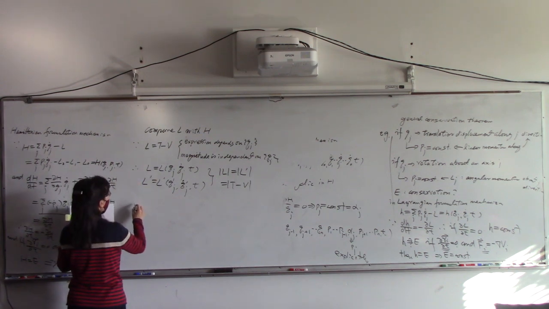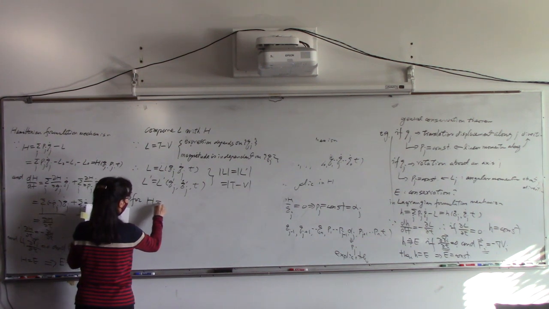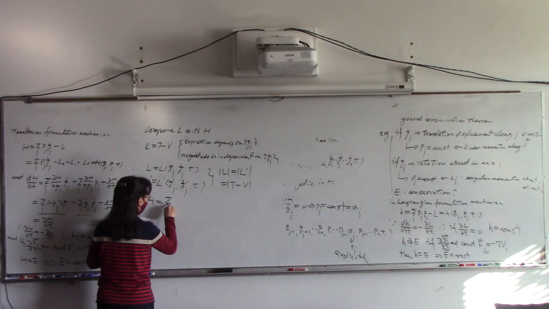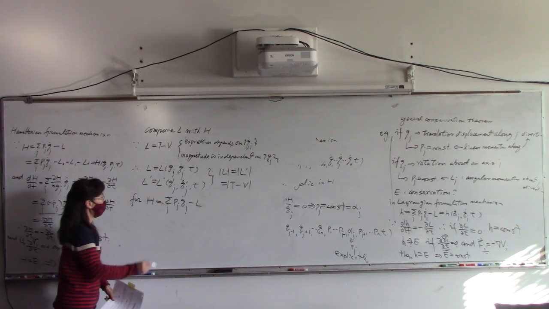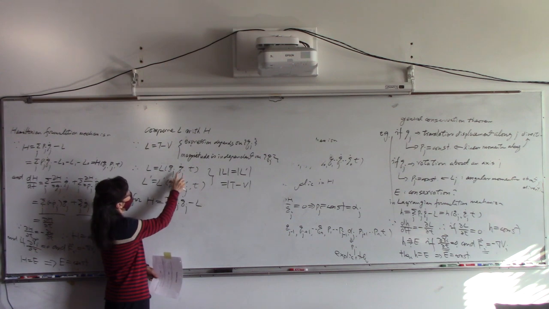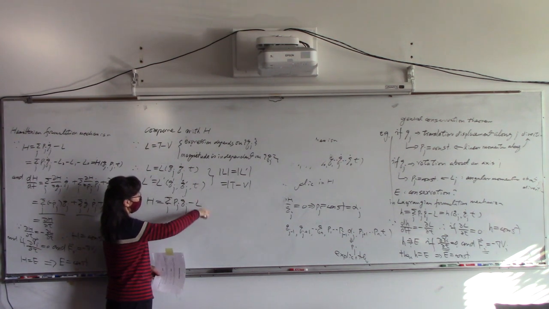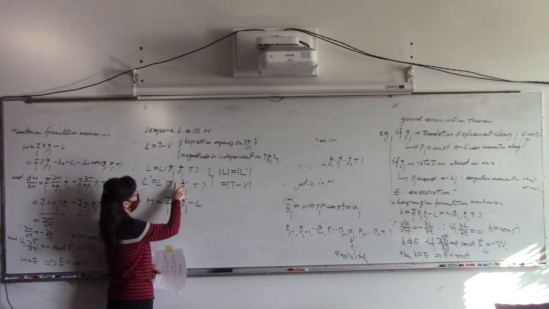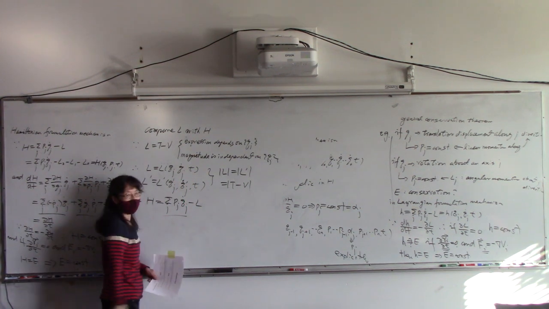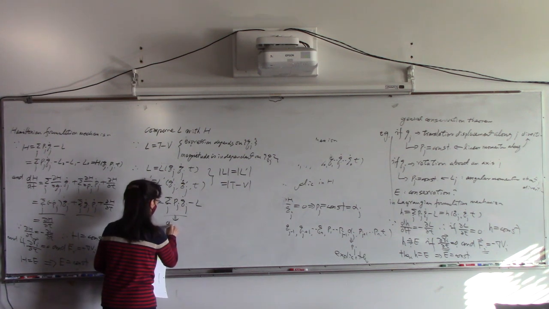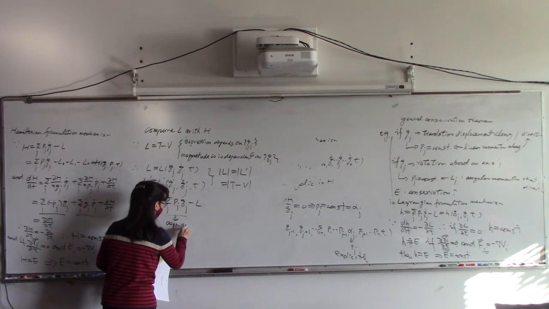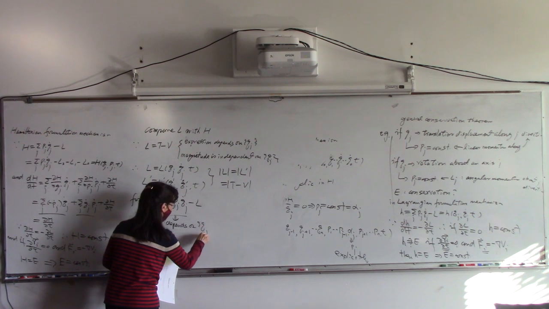Now for the Hamiltonian, the definition is, we know L does not depend on which set of general coordinates, but here, this one really depends, right? This depends on the choice of this.